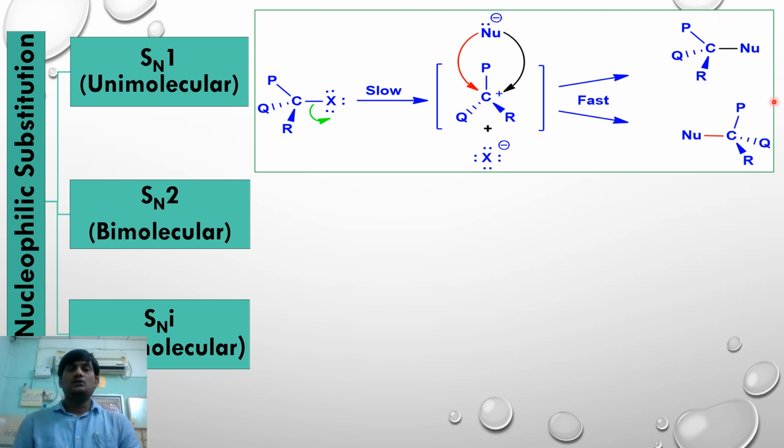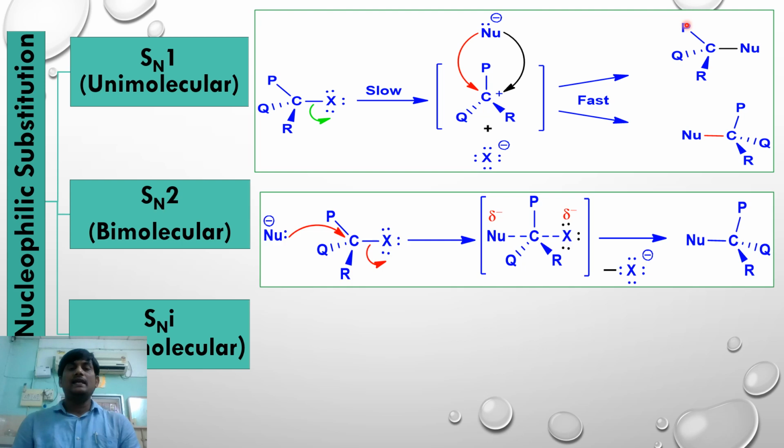In the case of SN2, there is an attacking of nucleophile on the reaction center and there is a leaving of halogen. In this case, attacking of nucleophile and leaving of halogen take place simultaneously. The mechanism is a concerted mechanism. It takes place in a single step.